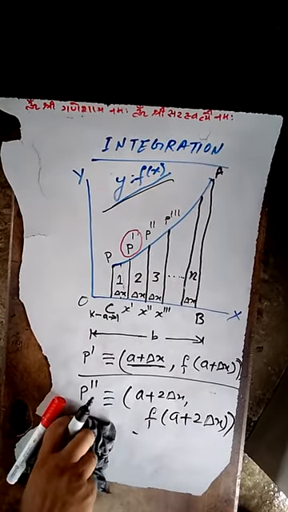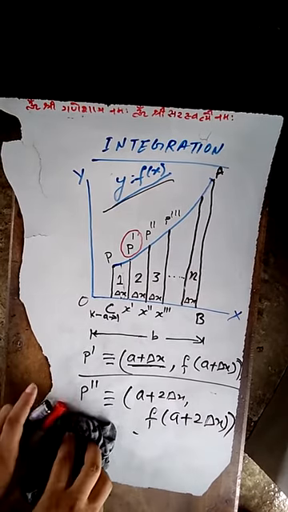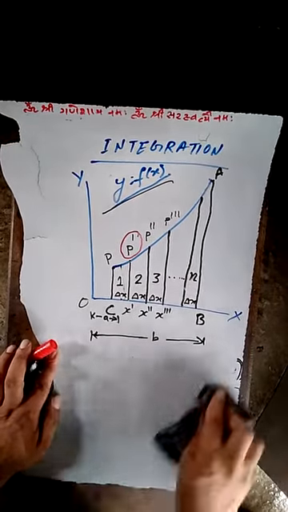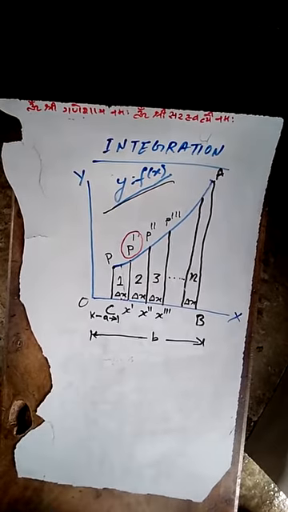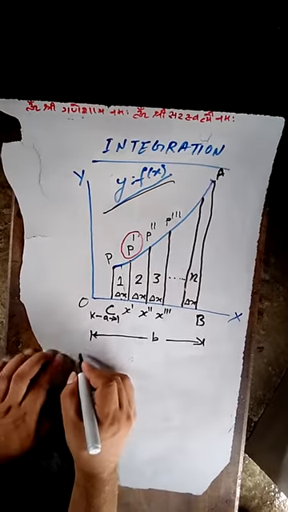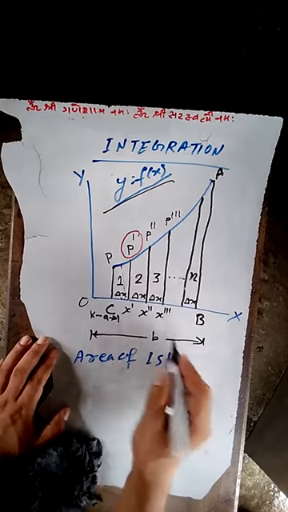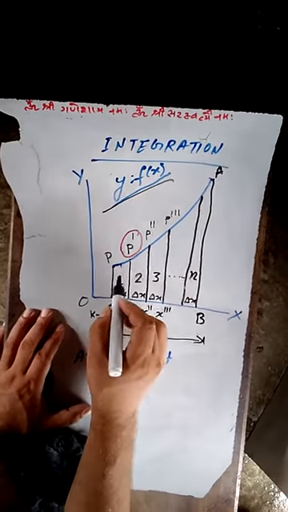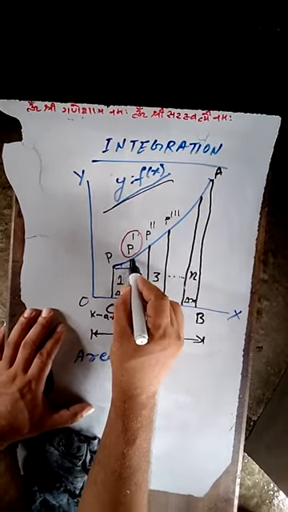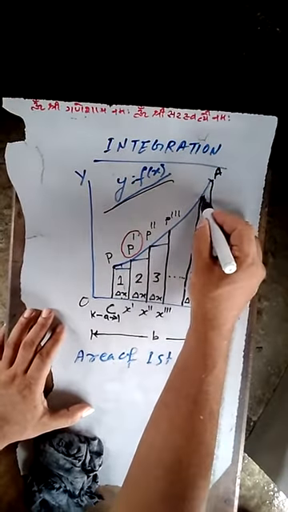Now we have to find the area. So what will be the area of the first rectangle? Now see this, this, and this, likewise this.